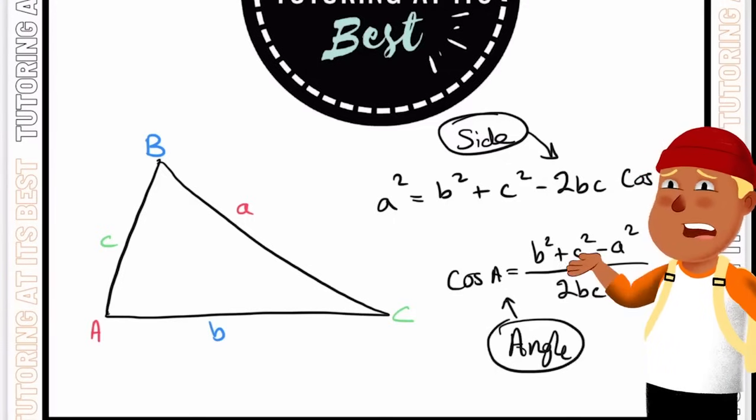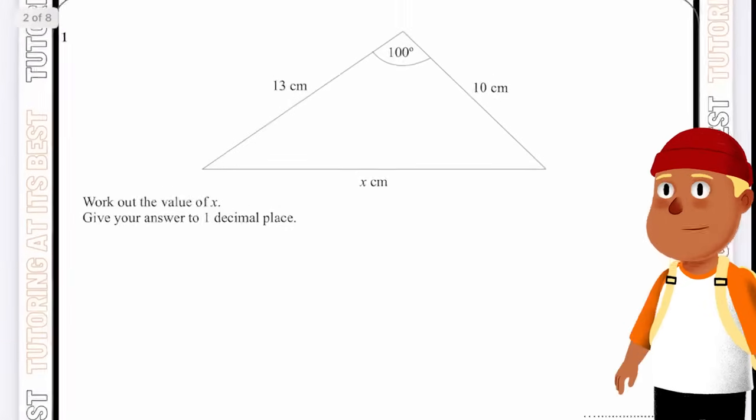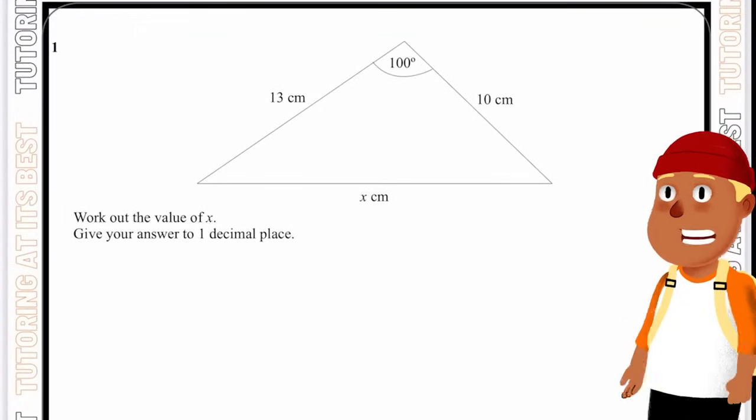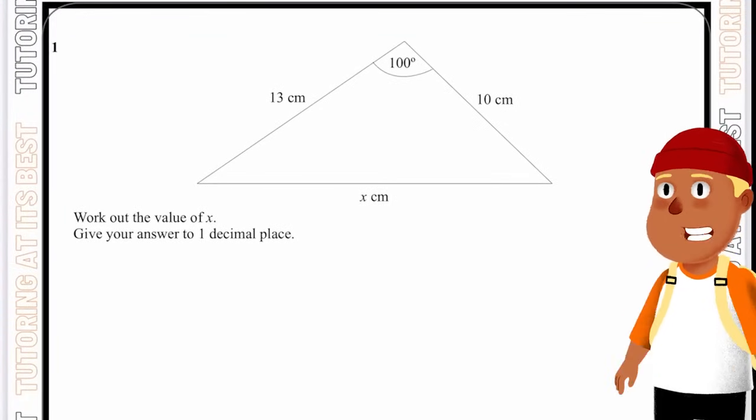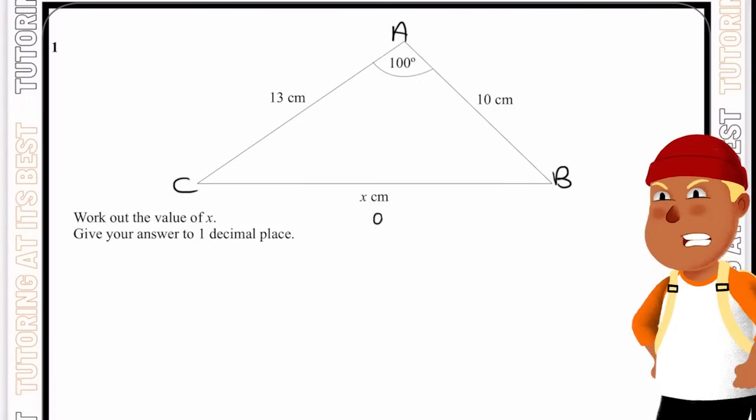Now let's give you an example of how you can use the cosine rule in question number 1. The first thing we need to do is label each angle as A, B, and C, and then label our sides with the lowercase letters.